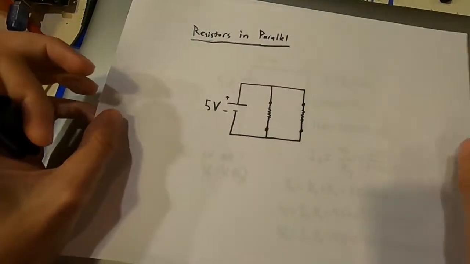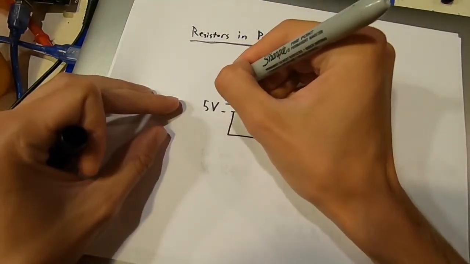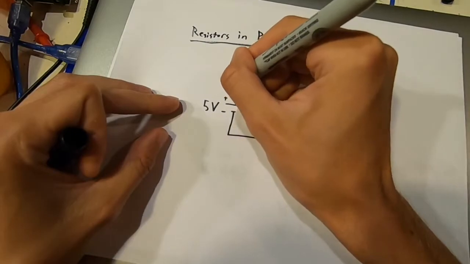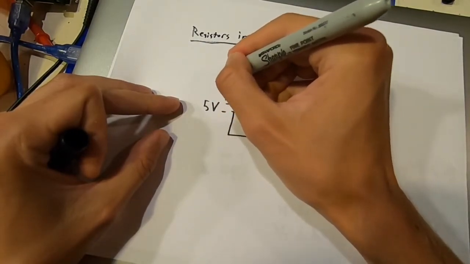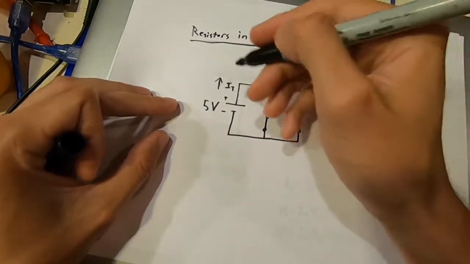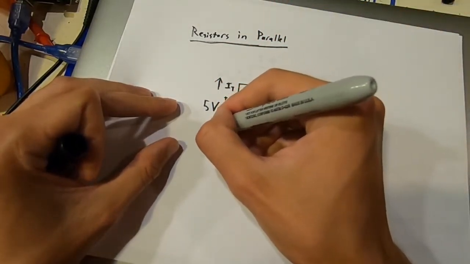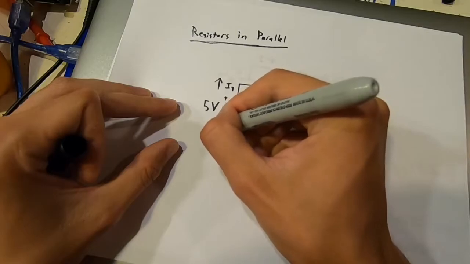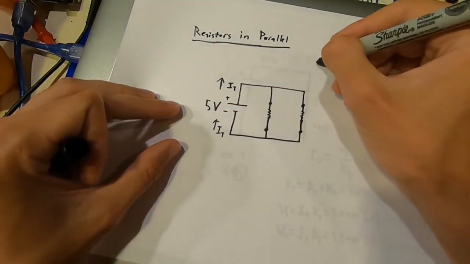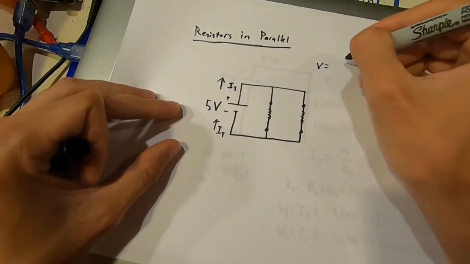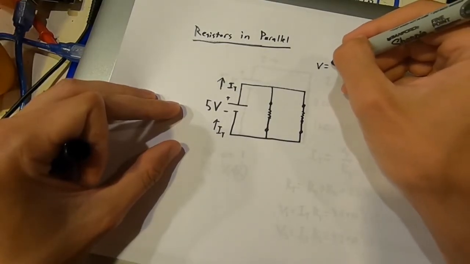But here, we have our total current that's going to be going out from our battery or whatever our power supply is, and going back into it. Which again is still going to be dependent on our total resistance.